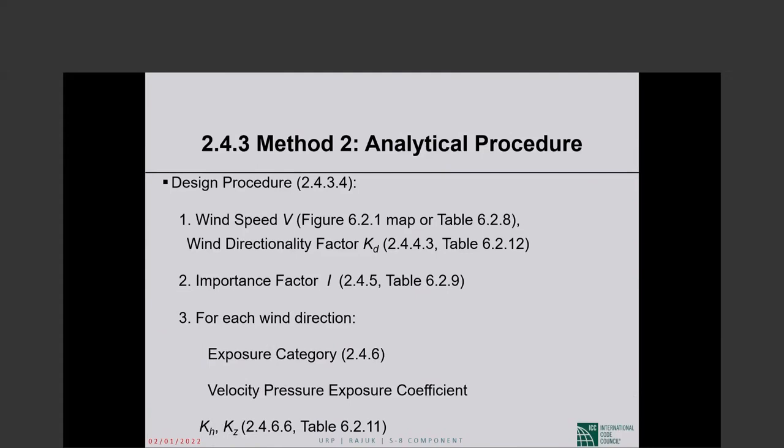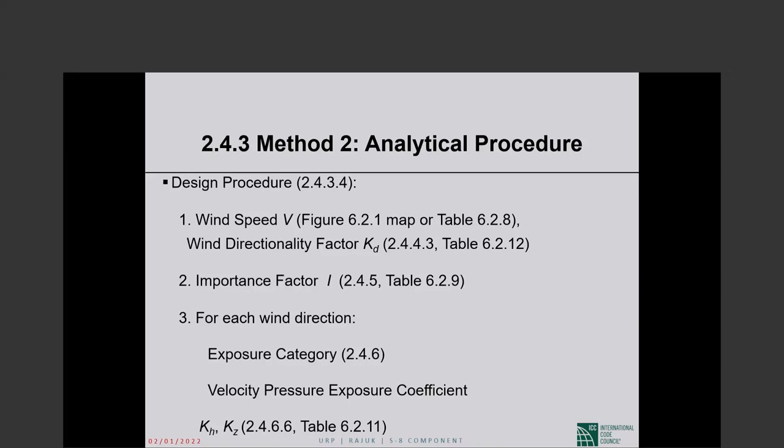This is the analytical procedure in steps. One, you find the design wind speed by going to figure 6.2.1 of BNBC, and you will see the map in a second. I showed it to you already earlier. You find the wind directionality factor by going to table 6.2.12.